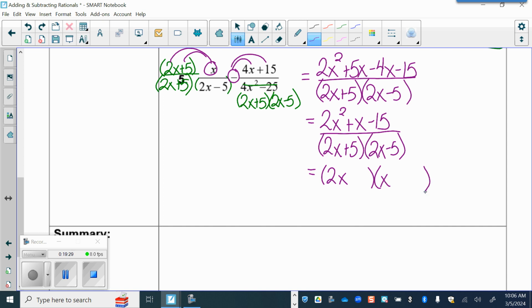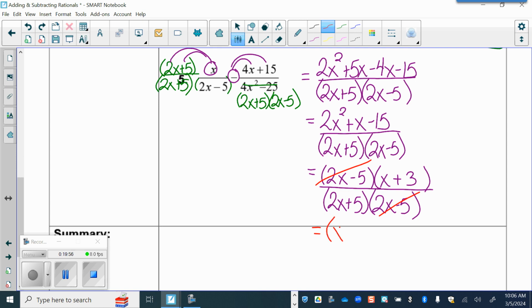If I do 2x times 3, that'll give me 6, and then minus 5 will give me 1. So a plus 3 and a minus 5. Negative 15. 6 minus 5 is 1. That is beautiful. I can eliminate. Final answer: x plus 3 over 2x plus 5.